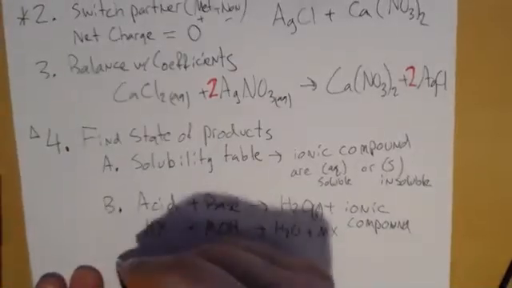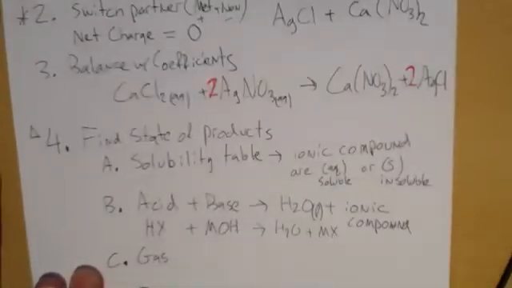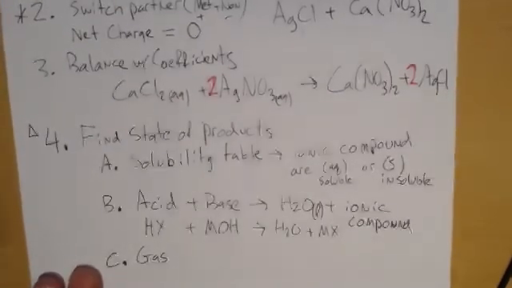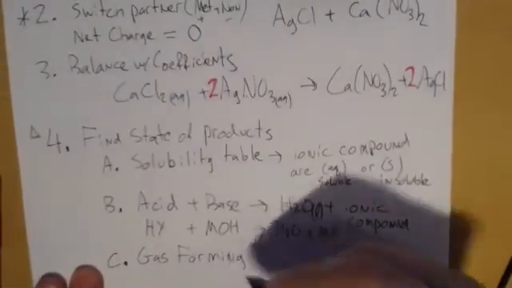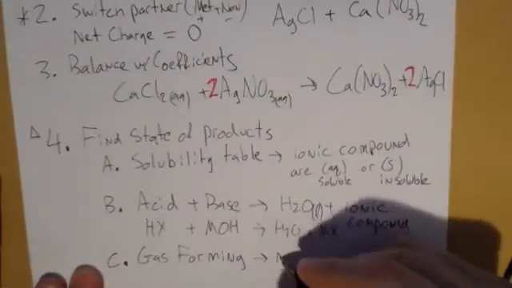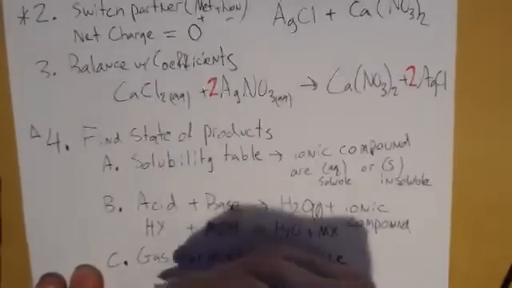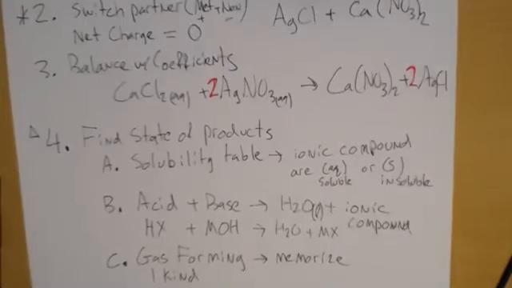There's a third case, which is gas forming. And I mentioned gas forming reactions when I went through the types of reactions, I believe, on Monday. And so for gas forming, in a sense, you want to memorize. And for our class, there's one kind I want you to know. Let me get another piece of paper and move this.